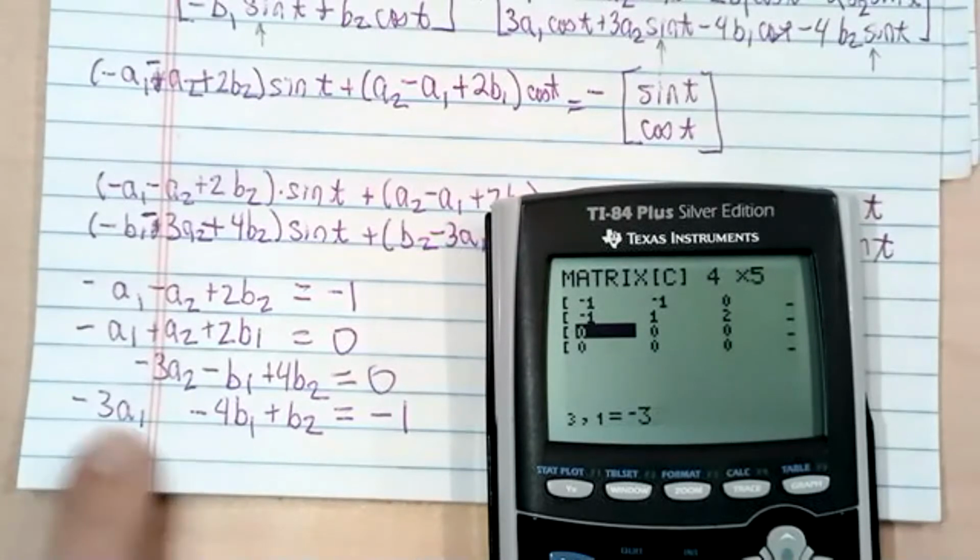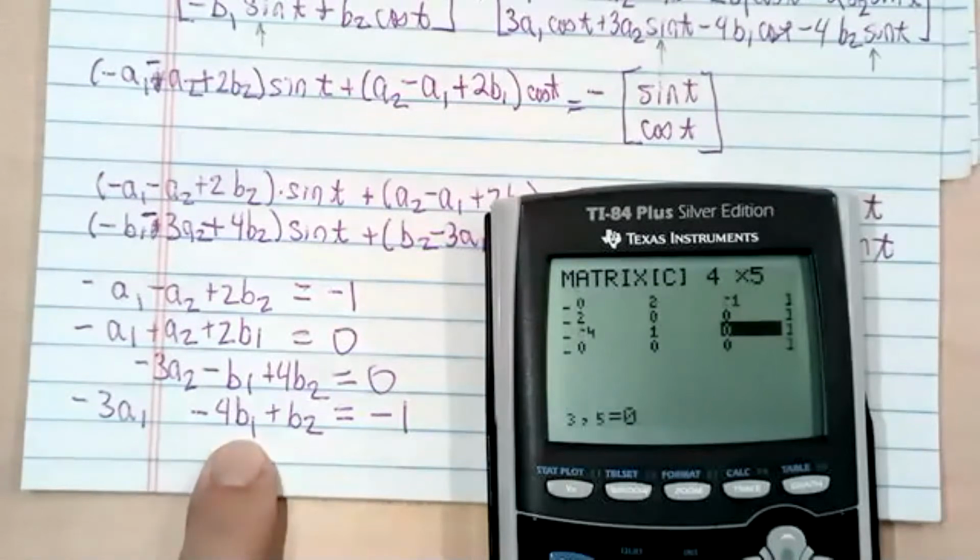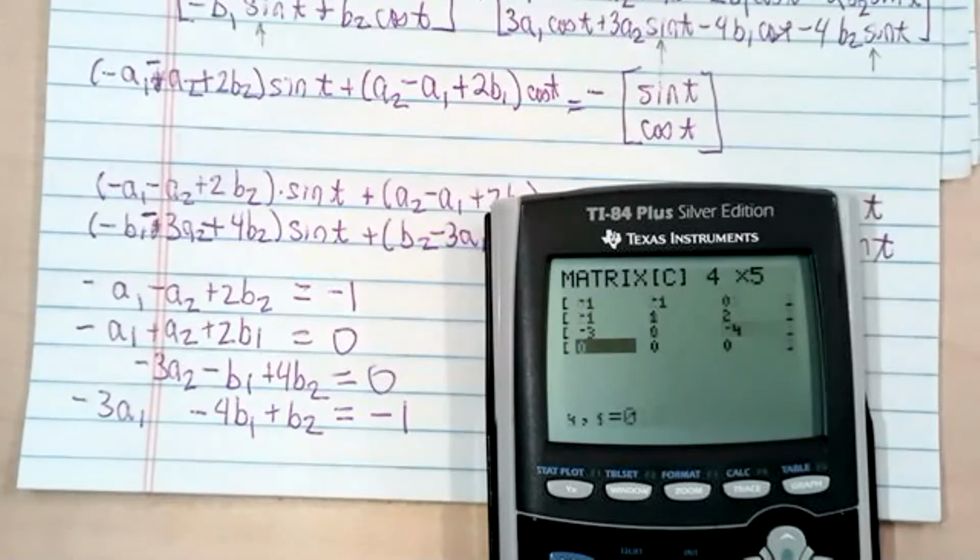Minus 3 is the coefficient on A1. There's a 0 on A2, a minus 4 on B1, a 1 on B2. I said it wrong, but I typed it right. And minus 1 on the right-hand side. And finally, minus 3, 0, minus 4, 1, minus 1.